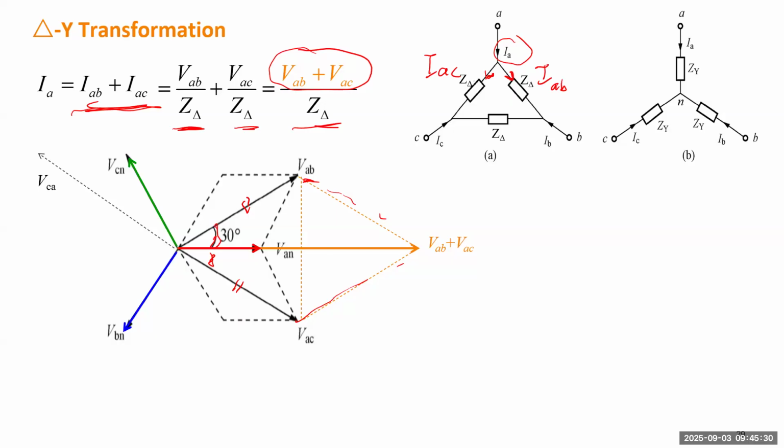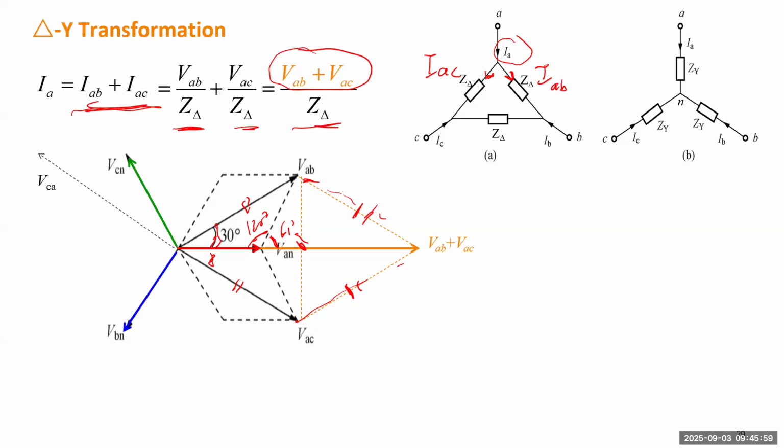Based on this geometry, we know this triangle has 60 degrees on each angle, right? Which means those three edges are the same, also equal to those two edges. So this is 120 degrees, which means this angle is 60 degrees.